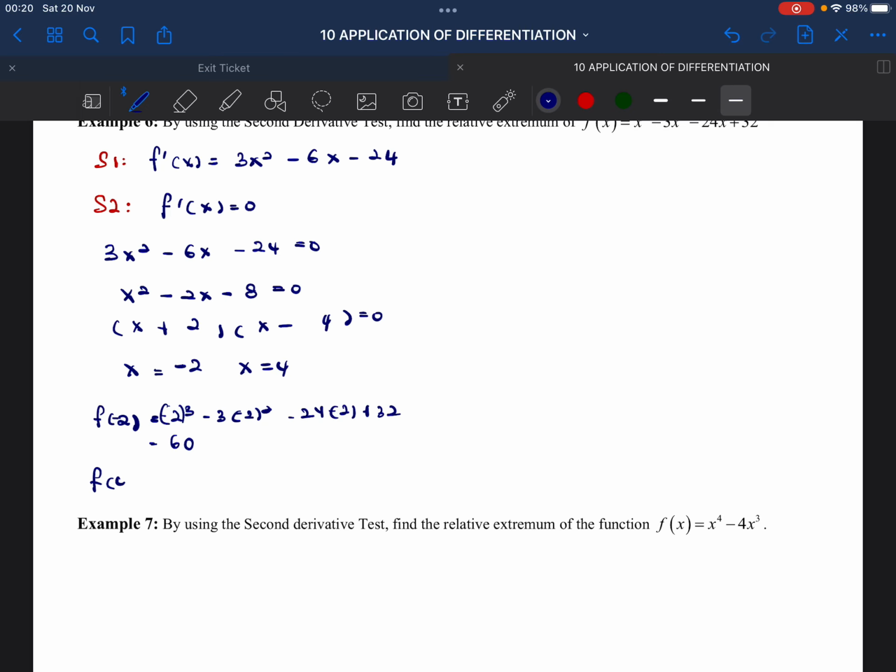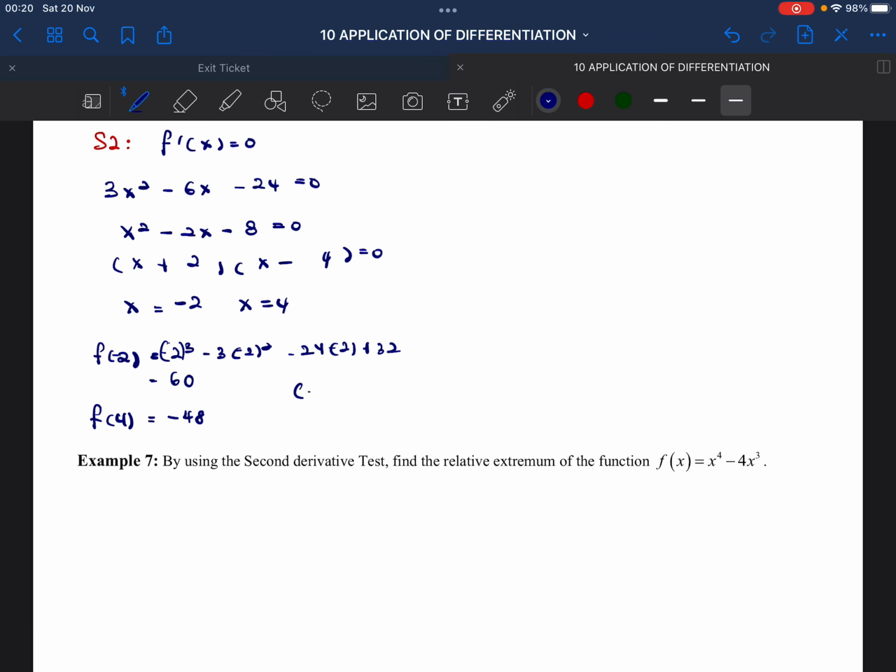So substitute 4 into the function, substitute lah sendiri. Here we are going to get negative 48. Okay, so we will have negative 2, 60 and 4, negative 48 as our critical points, ataupun stationary points.